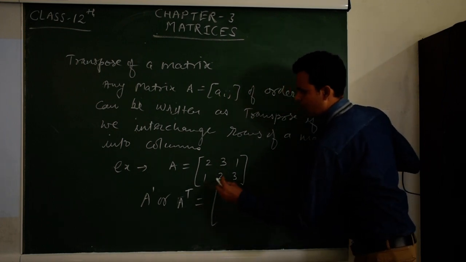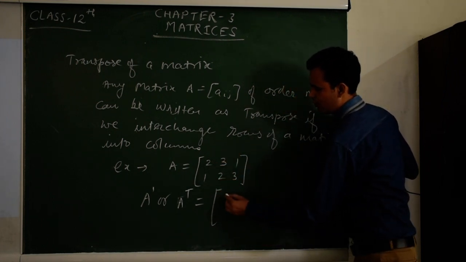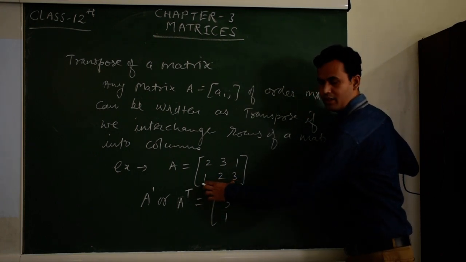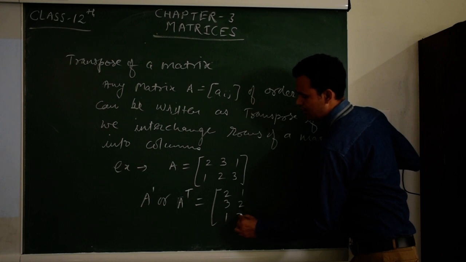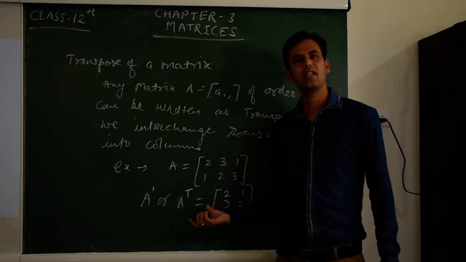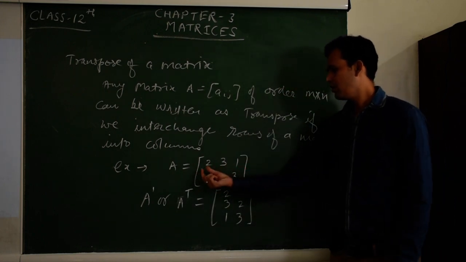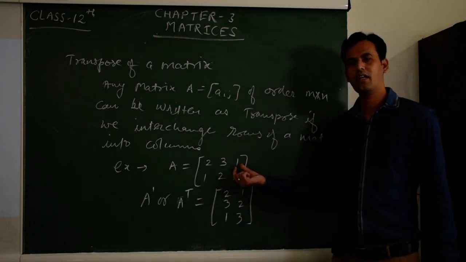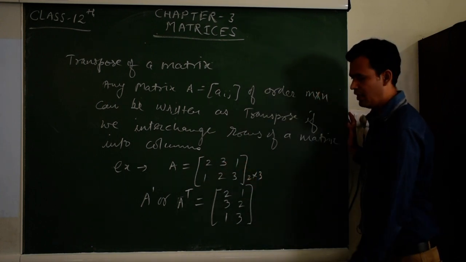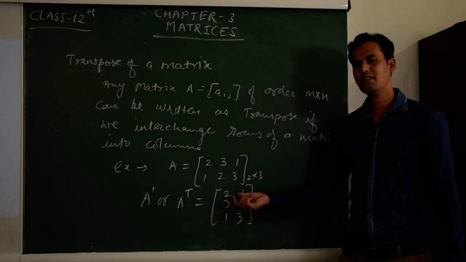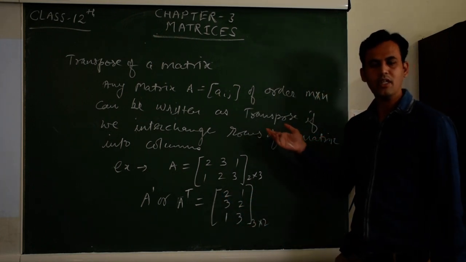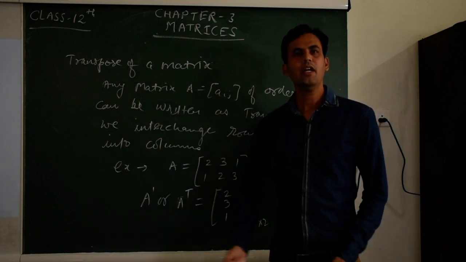So first row into first column. So 2 3 1 is the first column and 1 2 3 is the second column. So this is called transpose of a matrix A. Matrix A we wrote as 2 into 3, 2 rows and 3 columns, and if we interchange that matrix we get 3 into 2, 3 rows and 2 columns. So this is the transpose of a matrix.